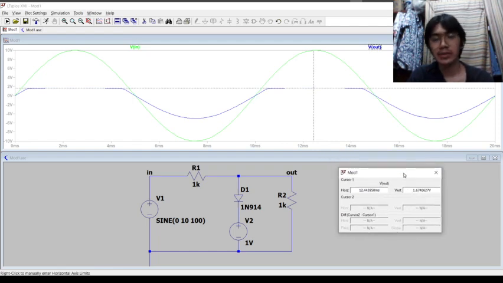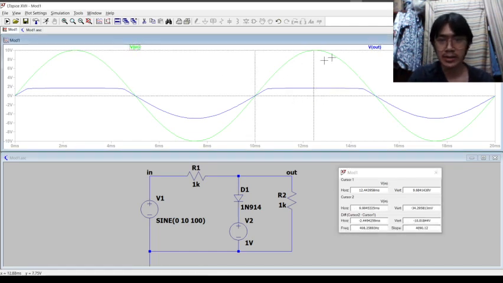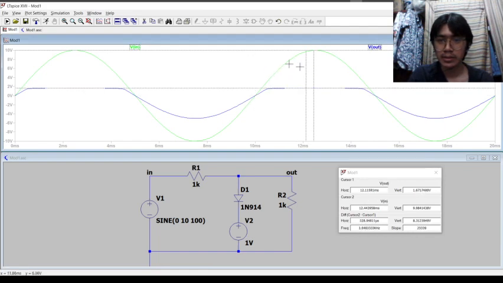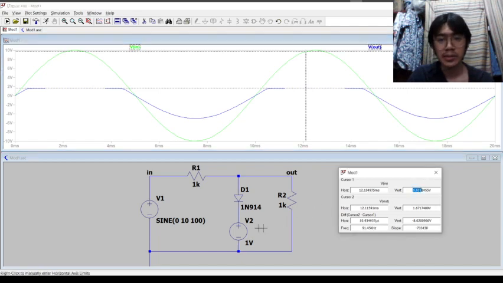So what will happen if the input is greater than 1.7? As you can see right here, let's say for example during the positive half cycle, our input is 9.69, because of the diode and the battery, the value is clipped at 1.67 or 1.7.